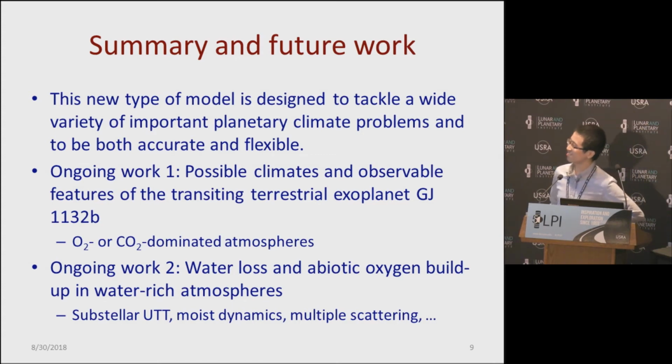So with these preliminary results, I hope I can convince you that the model we developed here could be used to tackle a broad range of climate problems and to be both accurate and flexible. In the future, the next work we plan to do is to use it to simulate possible climates of an interesting exoplanet, GJ1132b.